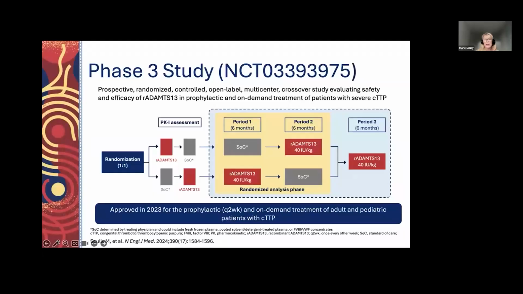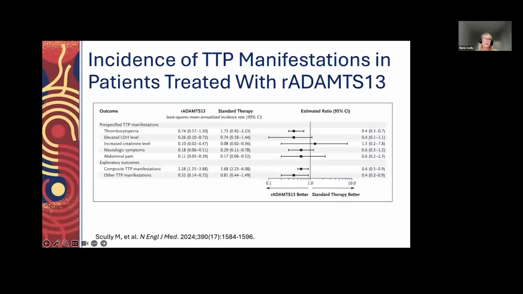Starting on a 2-weekly basis, there is an option to increase this to weekly if patients need it because of clinical situation. And from this pivotal study, we can see that all those non-overt symptoms and subacute episodes were significantly improved.